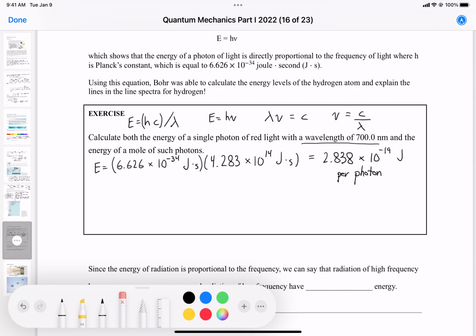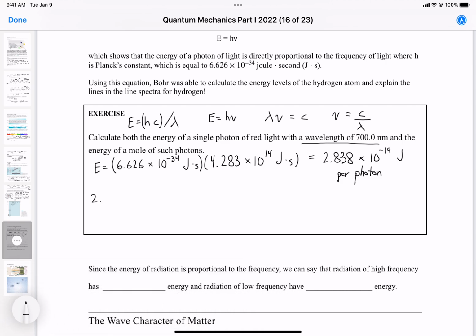Okay, so that's per photon, but now we want to know per mole of photons. So we have to consider Avogadro's number. So we're going to take this value here, 2.838 times 10 to the negative 19 joules. Okay, so this is per photon, for one photon.